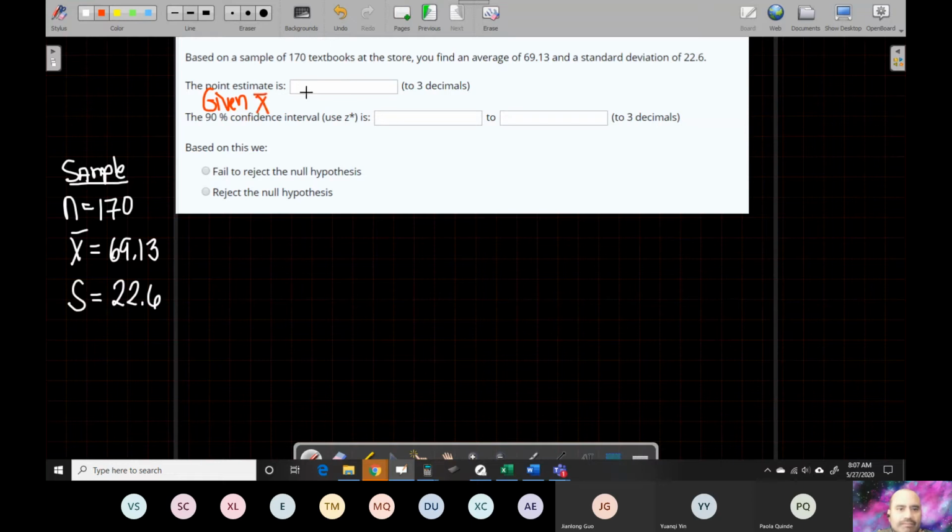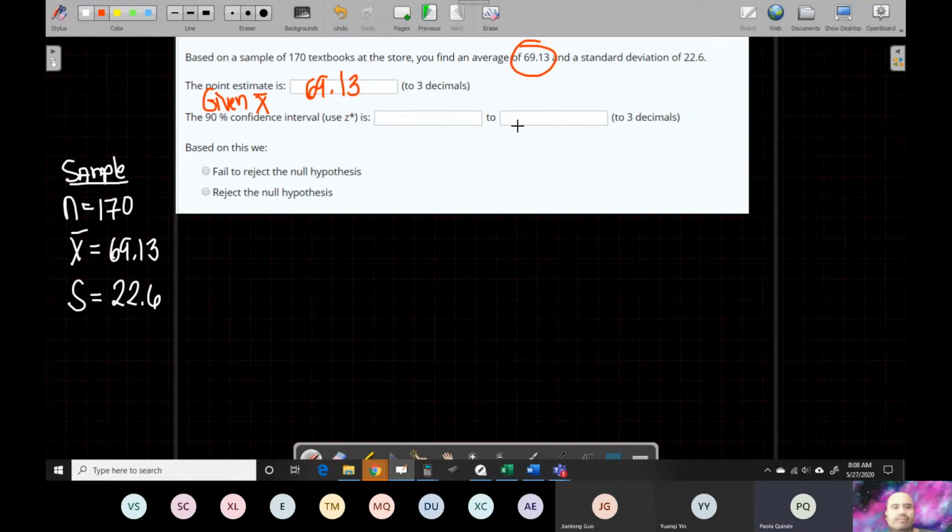That's the best estimate that we have, 69.3. Now, if they were talking about proportions, then the given proportion would have been the point estimate. The point estimate is where you're going to begin your process, basically. This is the only thing that they're giving you, so we're going to use that as our starting point.